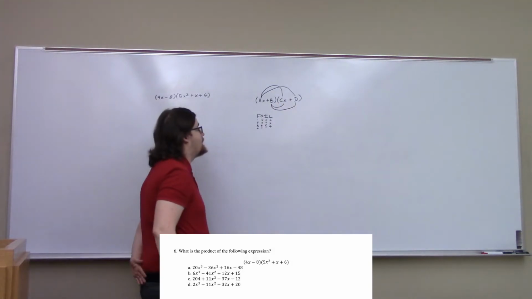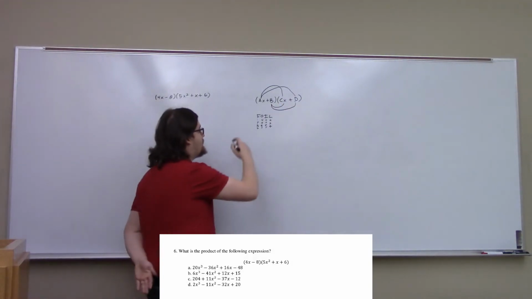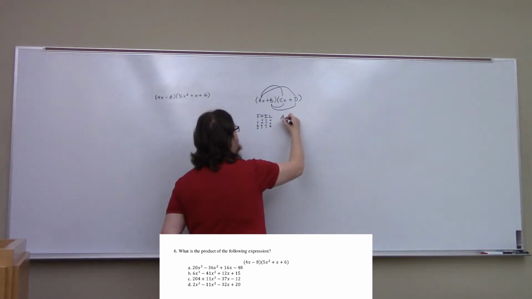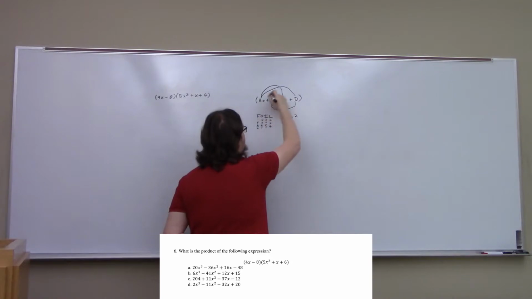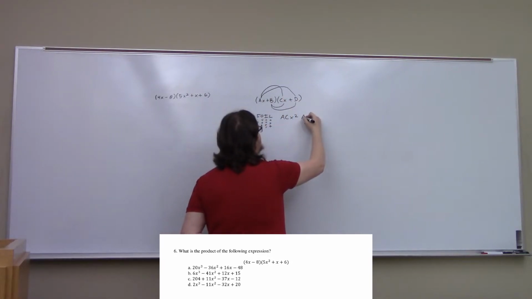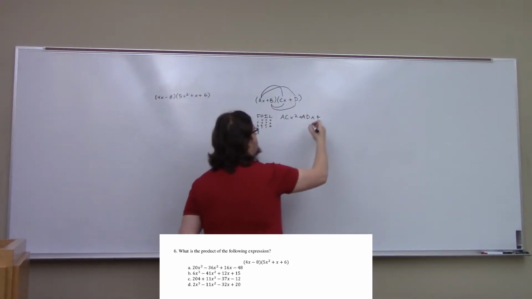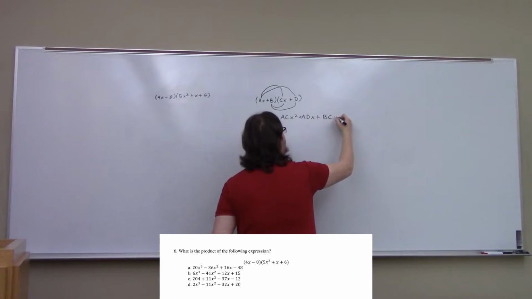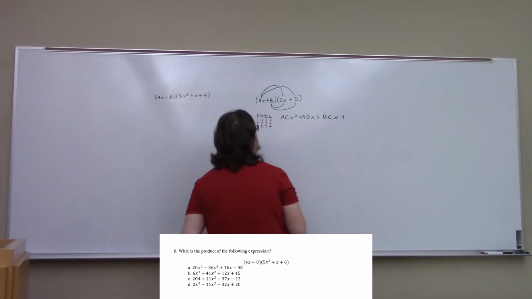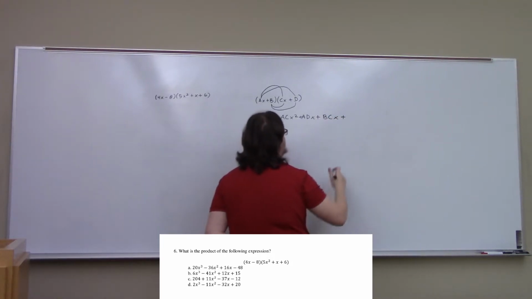And we would then add up each of these values, so we'd have a times c x squared would be our first. Our outer would be a times d times x. And we're adding each of these. Then we have b times c times x. And then finally, we would have b times d.